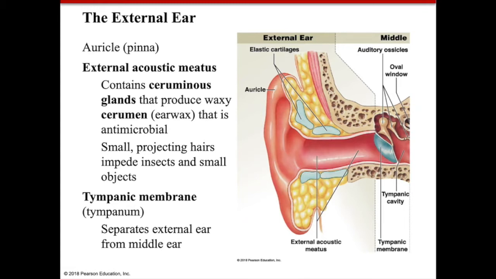The external acoustic meatus, and then it ends in the tympanic membrane. This external ear is basically allowing the amplification and the funneling of the sound, which involves movement of particles, so the sound wave, into the tympanic membrane.